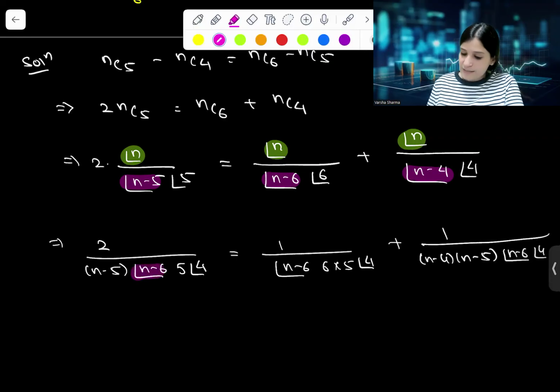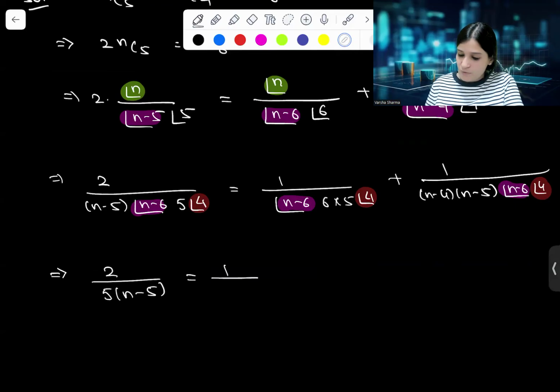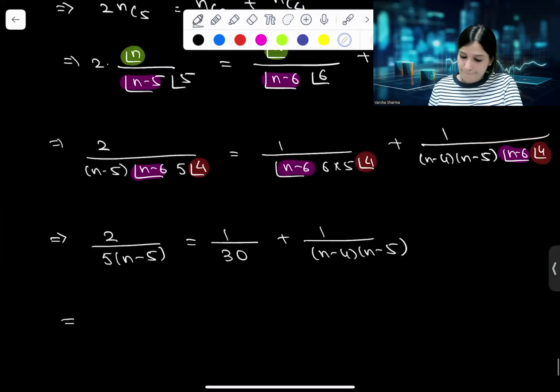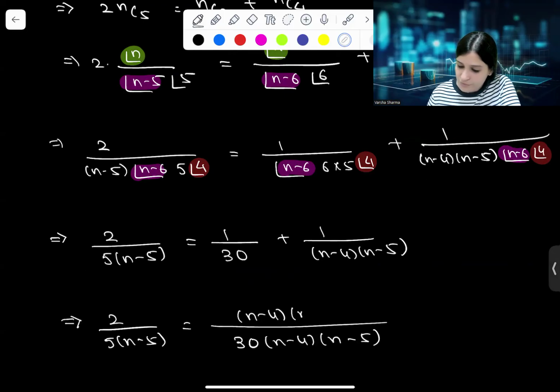Now, n minus 6 is common in all the three. Factorial 4 is common in all the three. We can take common and cancel out. 2 by 5 into n minus 5 equals 1 upon 30 plus 1 by n minus 4 n minus 5. So 2 by 5 n minus 5. Let's take LCM: 30 n minus 4 n minus 5. n minus 4 n minus 5 plus 30.